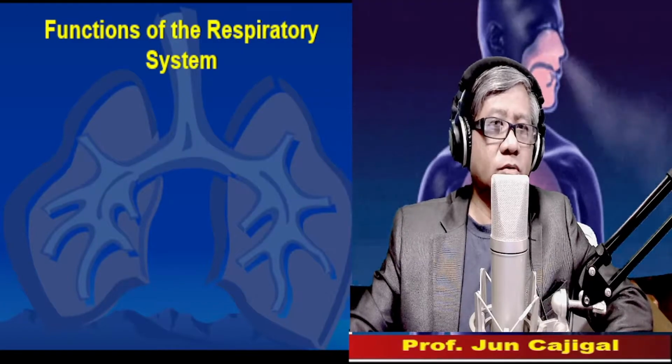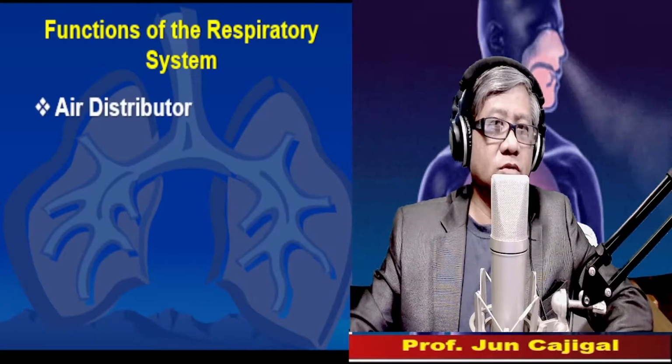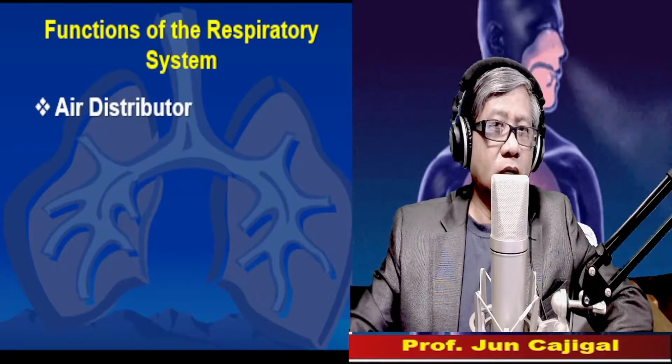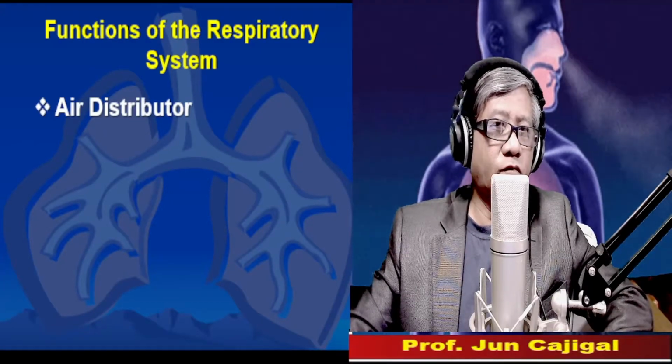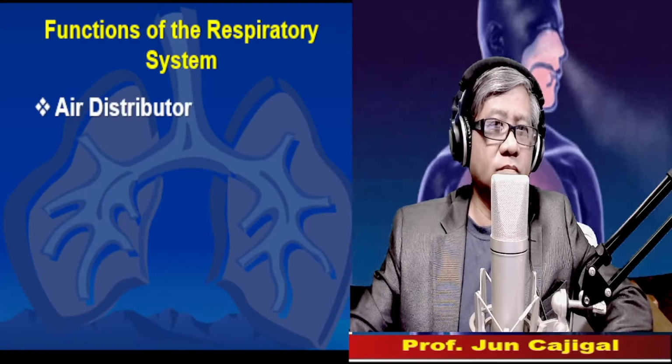Now, the respiratory system is an air distributor, meaning it has the important function of taking in oxygen from the atmosphere and distributing it to our body cells and tissues via the cardiovascular system.